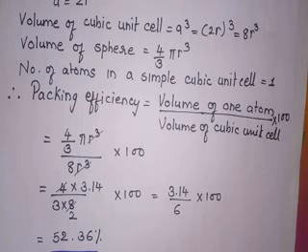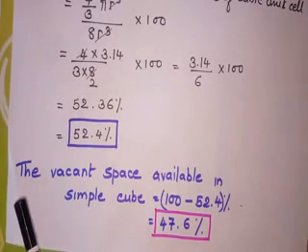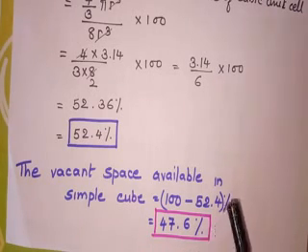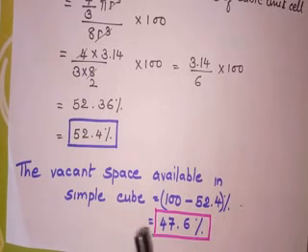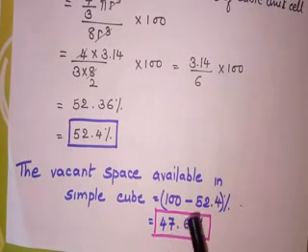Now 52.4 percentage of the unit cell is filled up. So the vacant space available in the simple cube will be 100 minus 52.4, which is equal to 47.6 percentage. Now this may not be given in your textbook, but you can calculate that empty space. If the balls are there, the remaining space which is empty can be calculated out of 100.